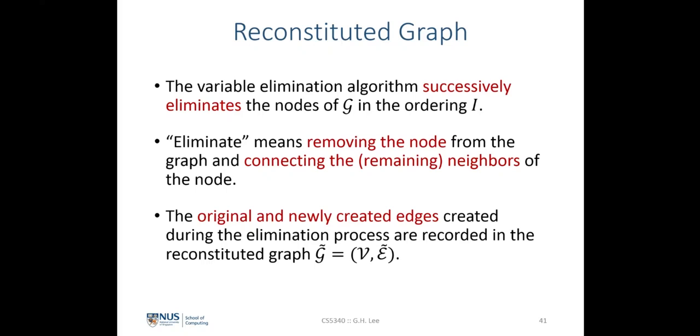Now we have seen that the variable elimination algorithm essentially eliminates successively the nodes in a certain ordering given by I. And eliminate here simply refers to the marginalization or removal of the node from the graph. Suppose that, for example, in this case we marginalize over x6 over here, and we have two potentials of x6: the potential of x6 and x2, as well as the potential of x6, x3 and x5.